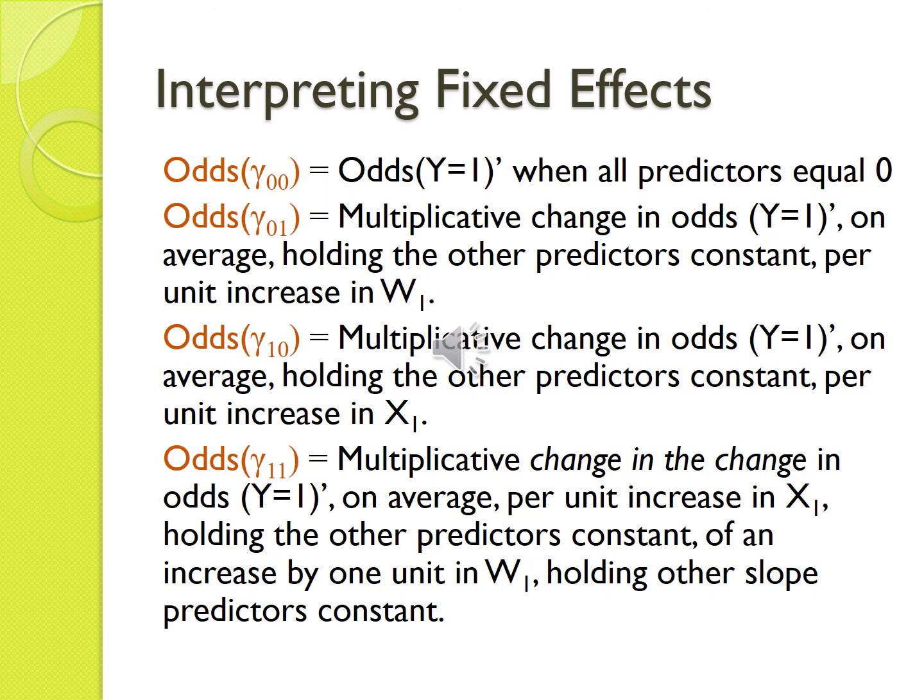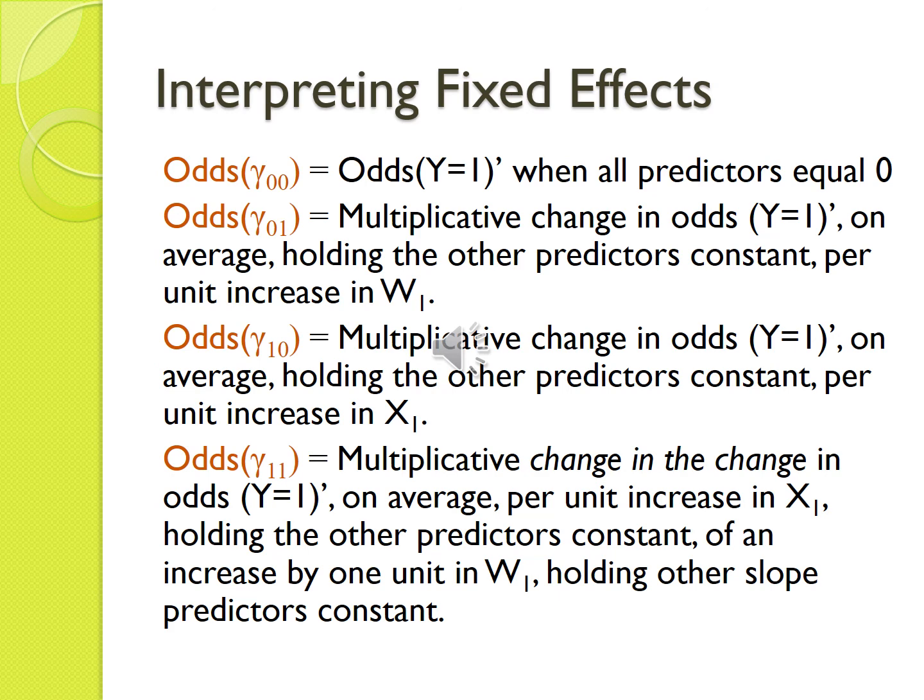That's the multiplicative change in odds on average, holding the other predictors constant, per unit increase in W1. So this is a level 2 predictor impact. Similar is the interpretation of gamma 1,0, just in this case we have a level 1 predictor.